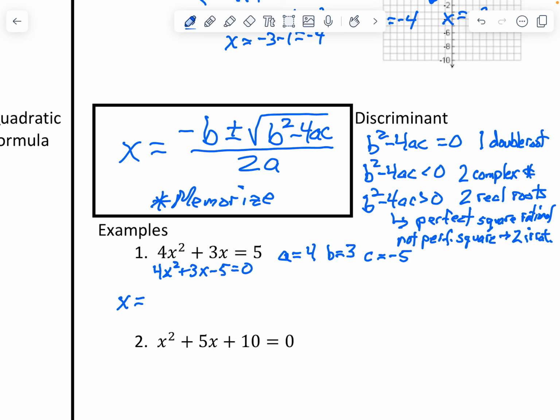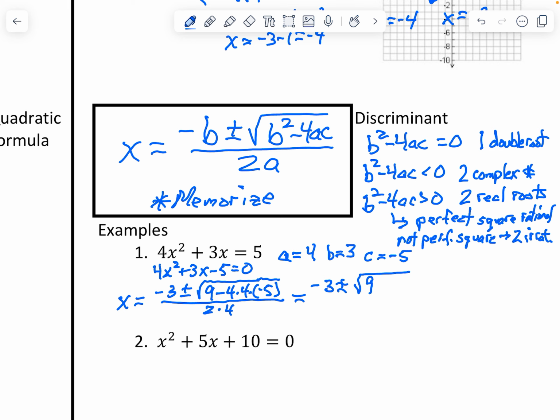X equals the opposite of the b, so it's negative 3, plus or minus the square root of b squared, which is 3 squared is 9, minus 4 times negative 5, 4ac, all over 2 times a, so it's going to be 2 times 4. So we're going to get negative 3 plus or minus square root of 9.